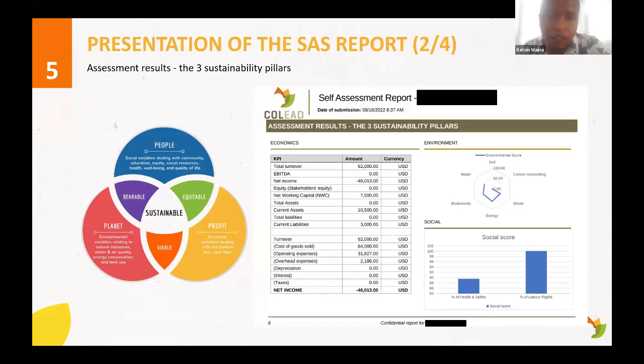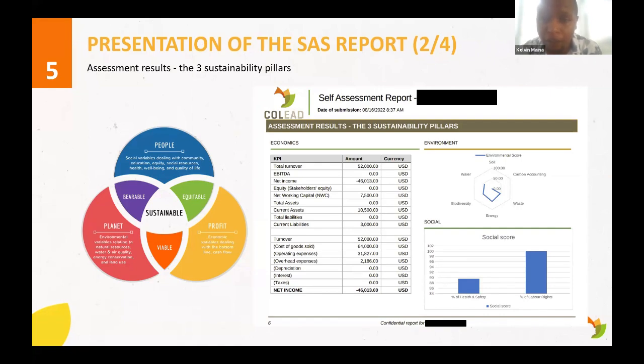As you can see here, assessment results as per the three sustainability pillars, looking at economics, environmental, and social. For environmental, for example, it looks at all the components, including soil, water, biodiversity, energy, waste, carbon accounting, and it generates different scores in a spider web. When we compare SAS version 1 and SAS version 2, we get the results here.